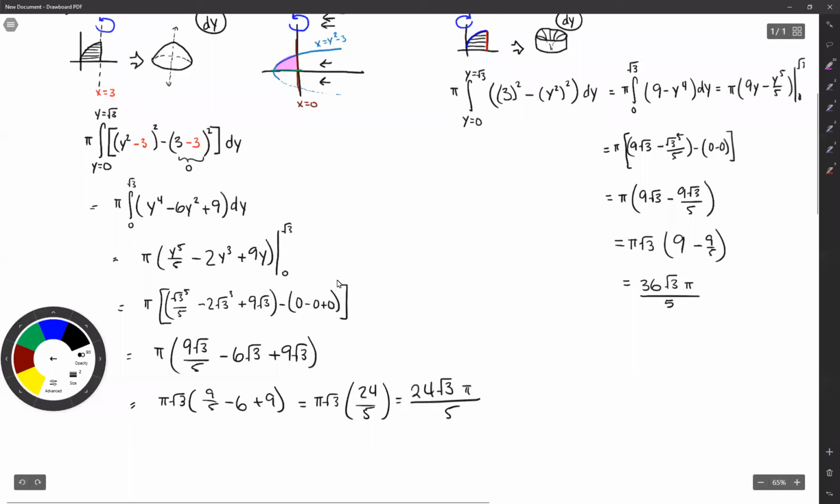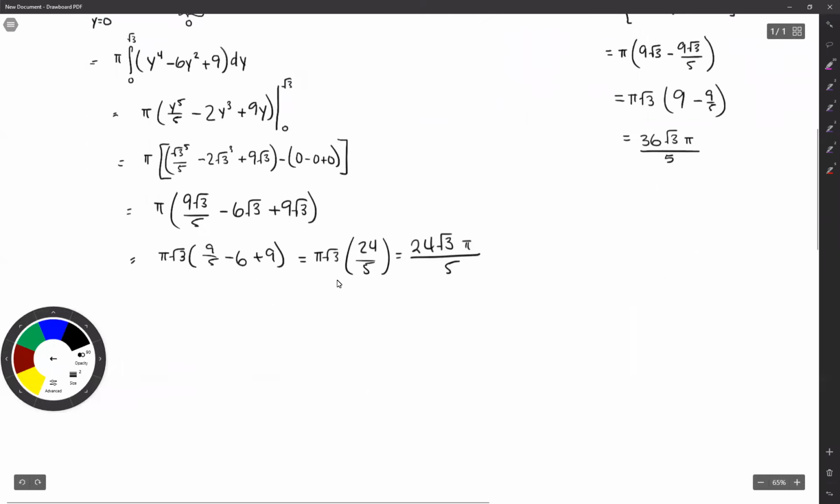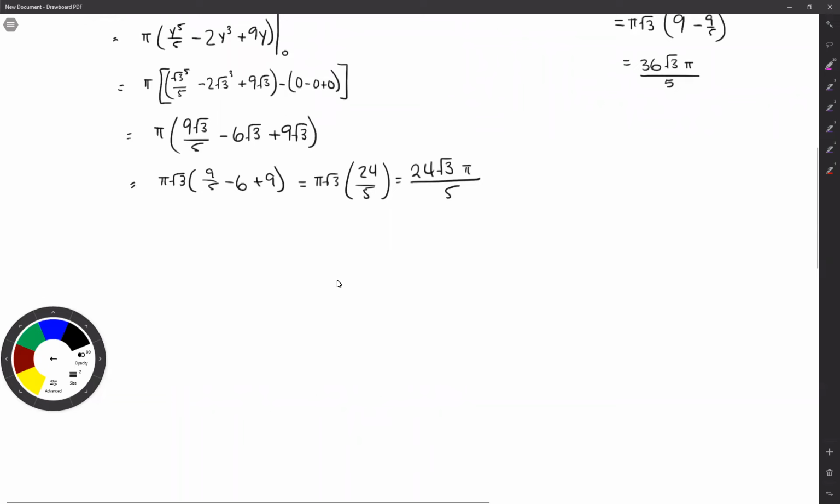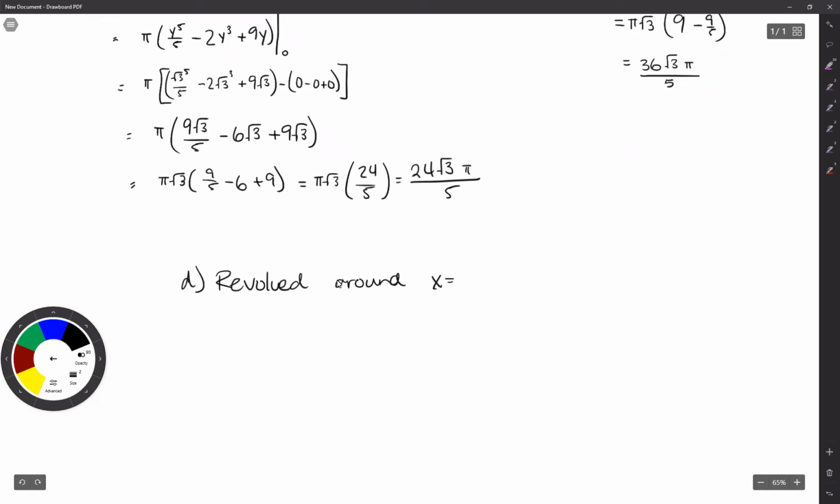Okay, and now the last best one. Again, a vertical axis of rotation. We're going to revolve this shape around the line x equals 6, even further away.